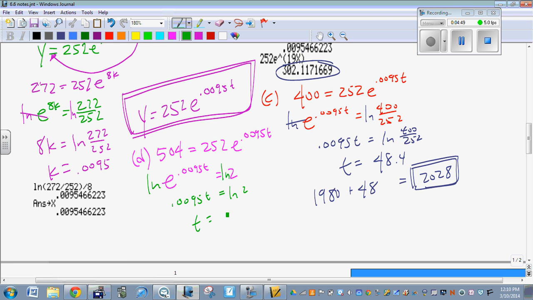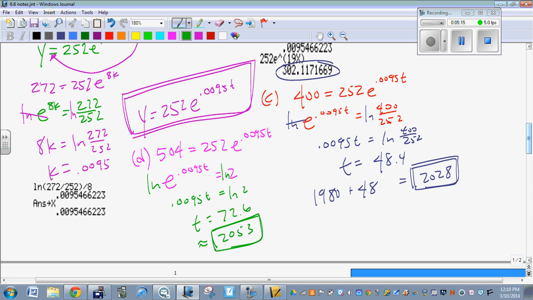We'll leave it at that for right now, and we want to figure out what year that is. So again, remember we started in 1980. We're adding 72. We can round that to 73 years. So 1980 plus 73, we get 2053. So in the year 2053, that's when it would double.